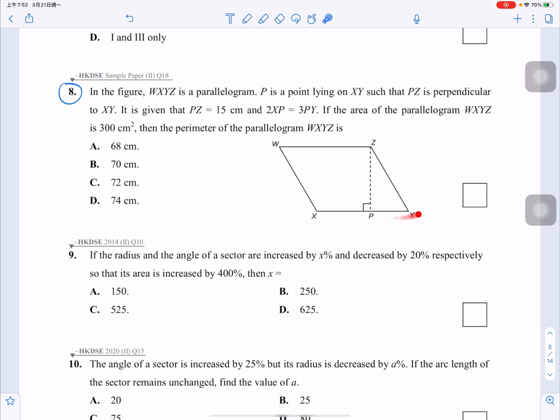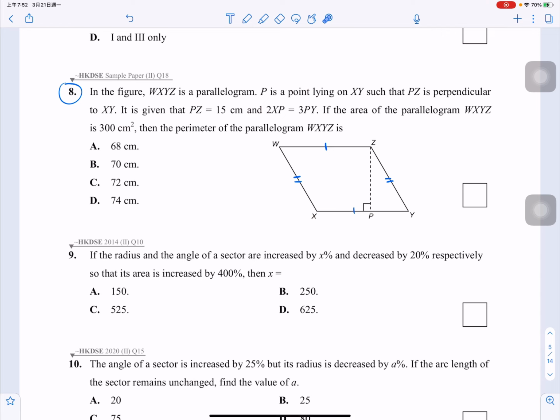find the lengths of the parallelogram. And remember, a parallelogram has opposite sides equal, so 2 sides are equal and the other 2 are equal. So how do we make use of the information? Here we have 15 cm, area 300, and a ratio of XP and PY.